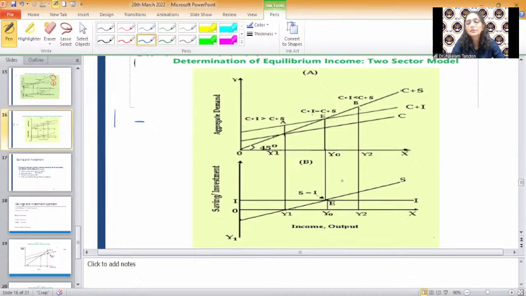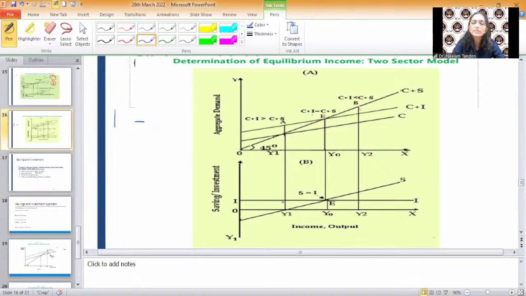If savings are less than investments, so what is happening here? You can see here savings are less than investments. Investment is more, and savings are less. Savings are less means people are consuming more.